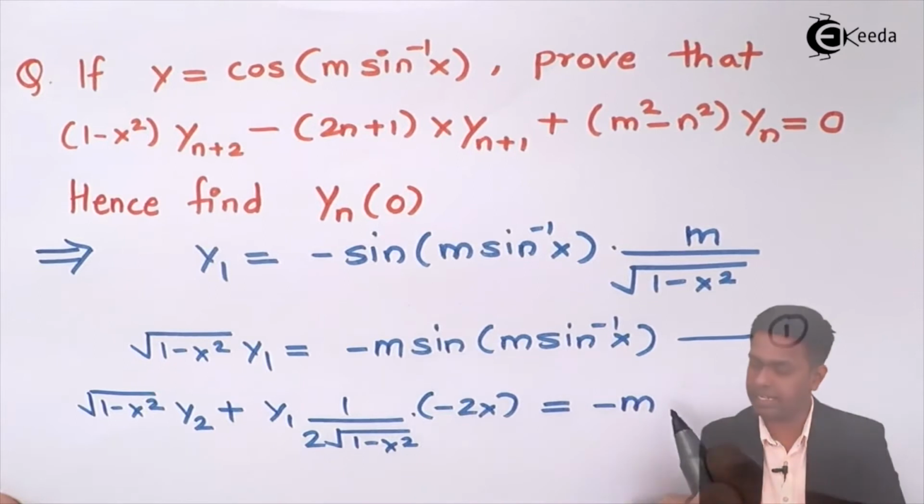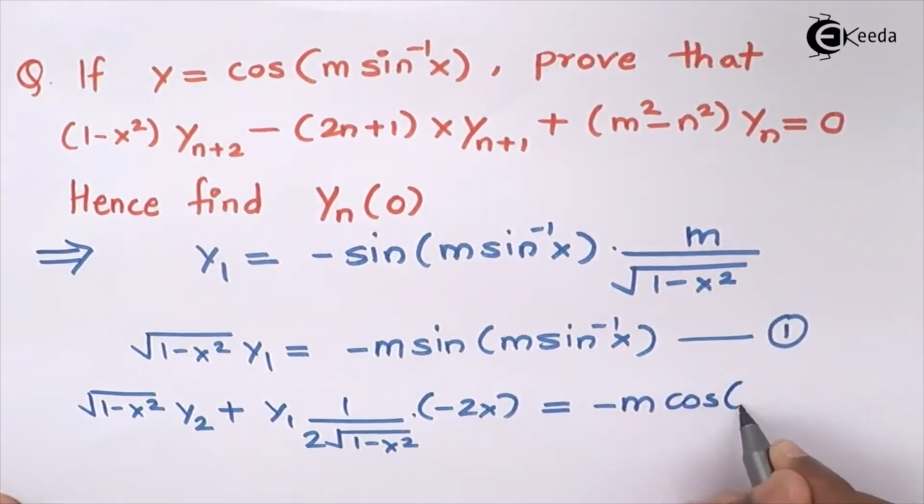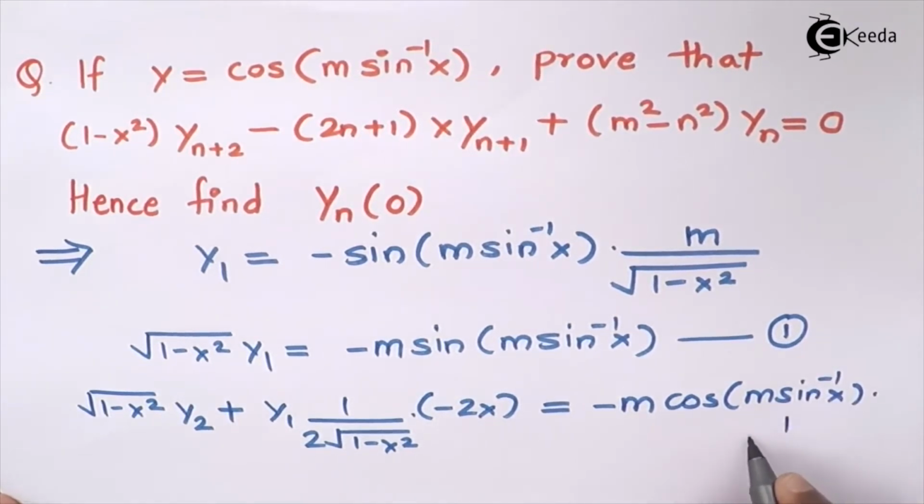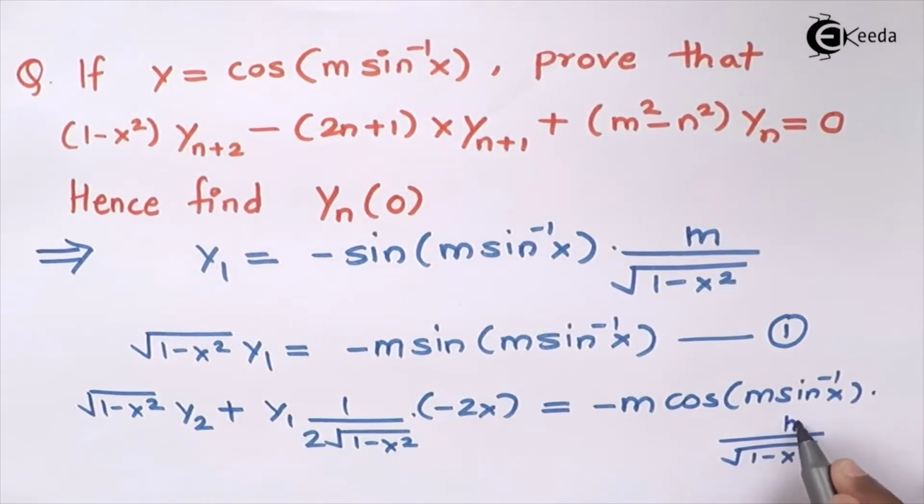The derivative of sine is cos of m sine inverse x into, here we'll get 1 upon under root 1 minus x square as the derivative of sine inverse x, and m as it is, so into m.